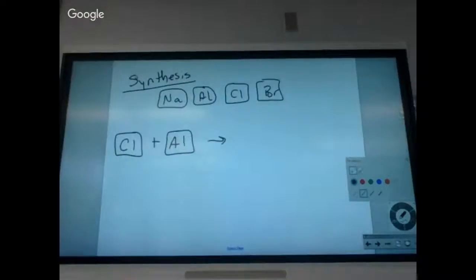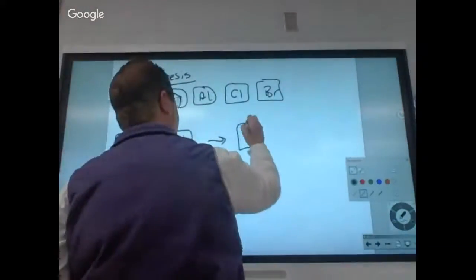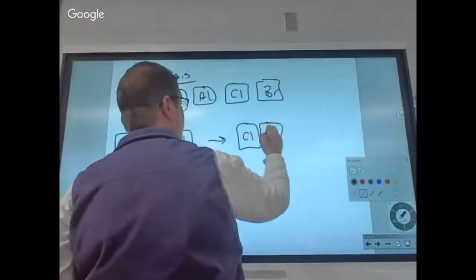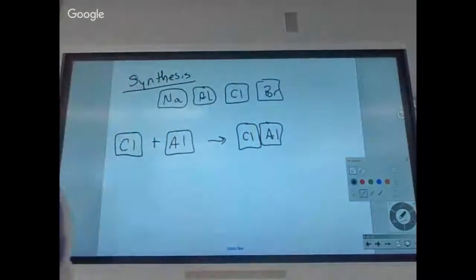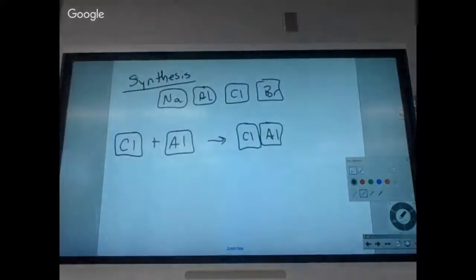That's it. Got it? Literally, that's all I meant. Y'all don't have to figure out oxidation terms, crisscross, or any weird stuff. Literally, just put them together. Okay? You got it?